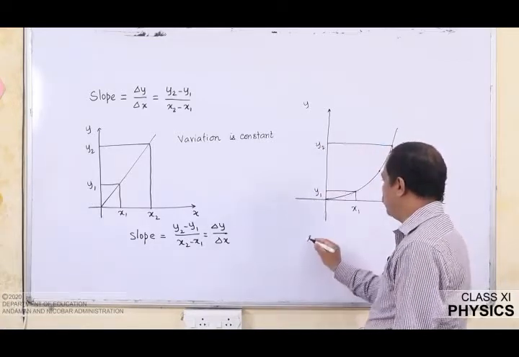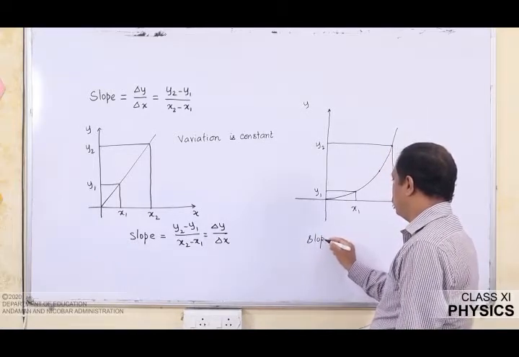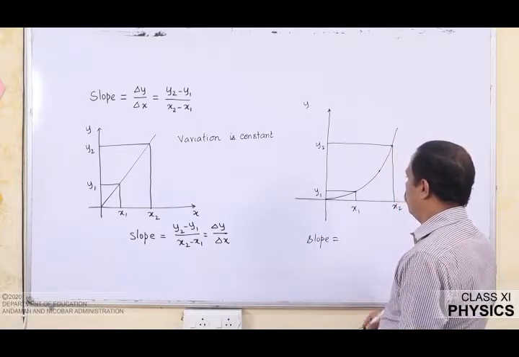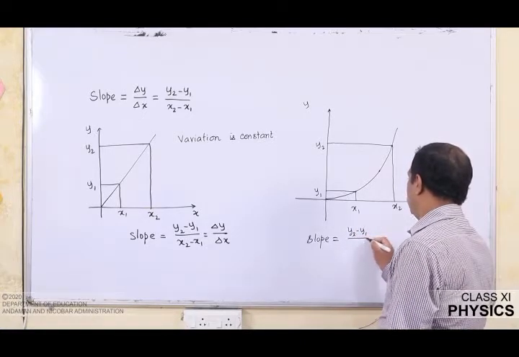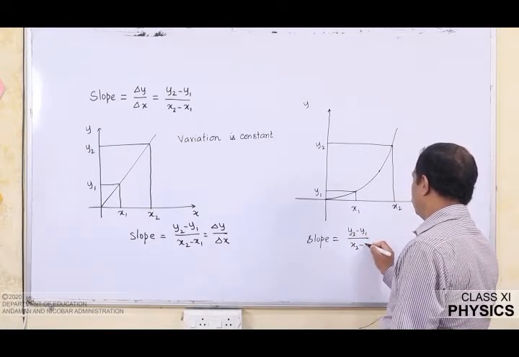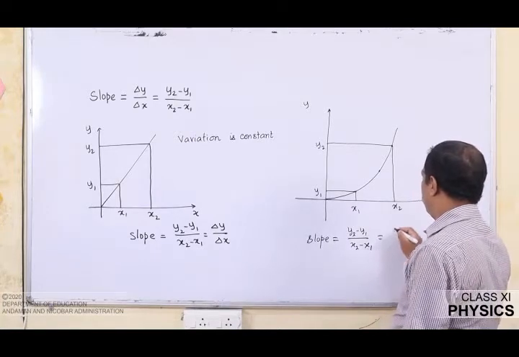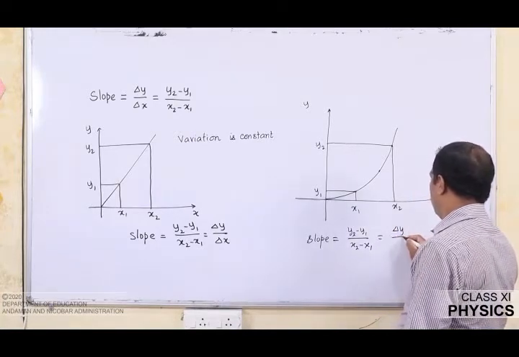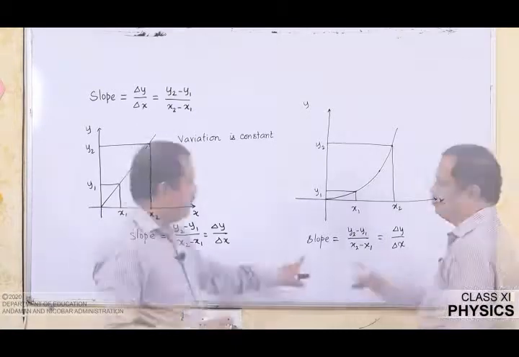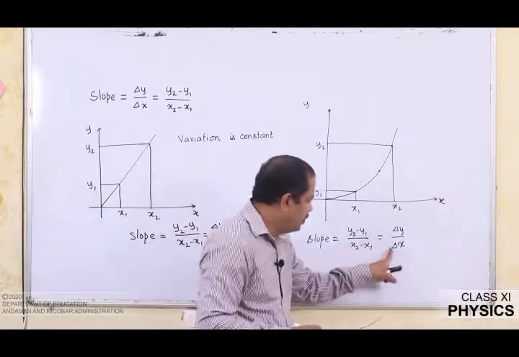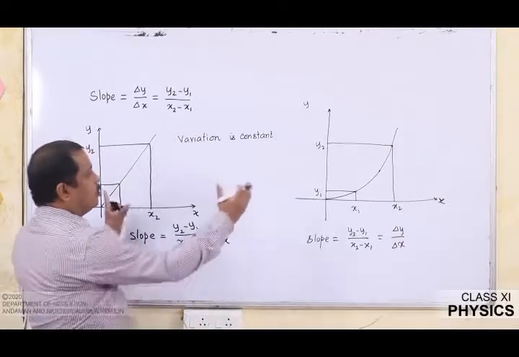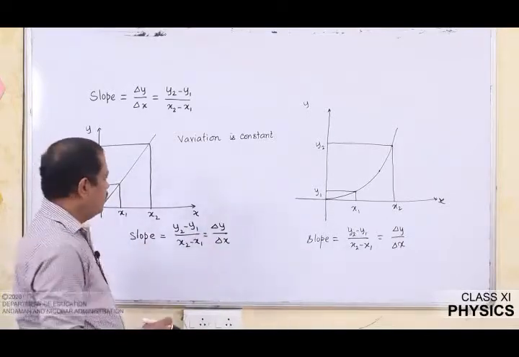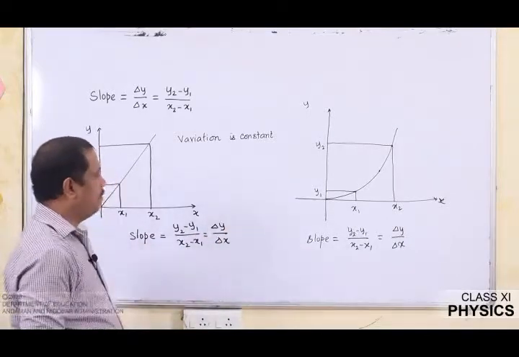So, when I tried to calculate the slope, we said y2 minus y1 upon x2 minus x1, which is equal to, here too it is delta y upon delta x. Here too I said the slope is equal to delta y by delta x, but both graphs are different. However, the expression that I wrote is the same.